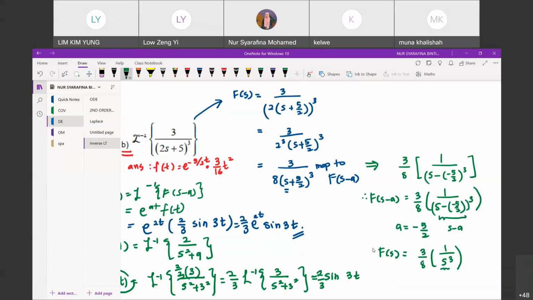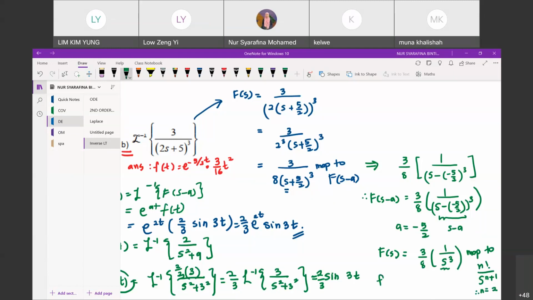So this is mapped to what? n factorial over s to the n plus 1. Alright. Okay, now when n plus 1 is 3, so n equals 2.